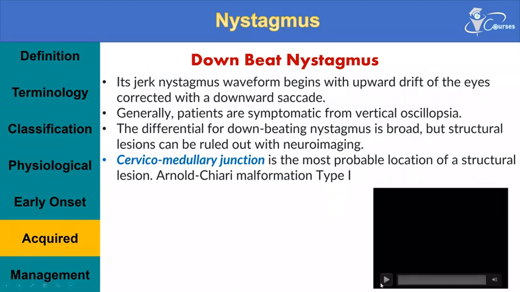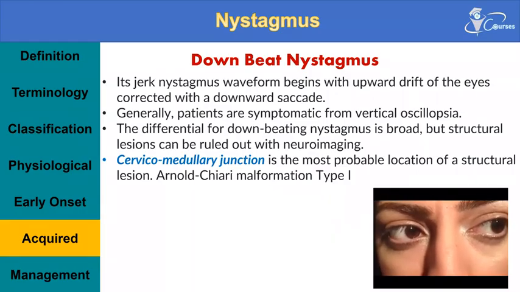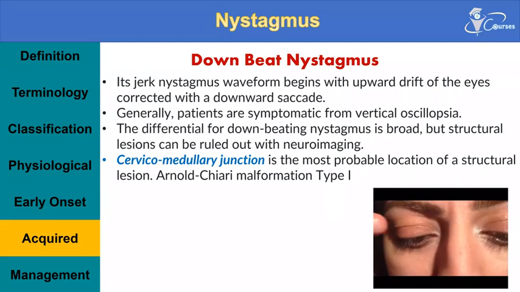And let's see how the vertical nystagmus or the downbeat nystagmus looks like. So this patient has a downbeat nystagmus. Slow phase up and rapid phase down. The differential diagnosis for downbeat nystagmus can be very broad.